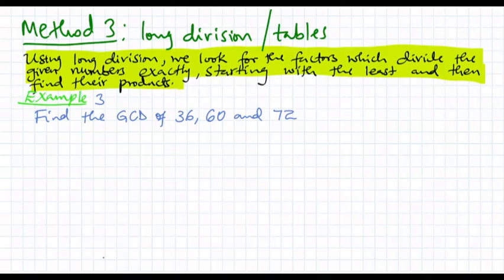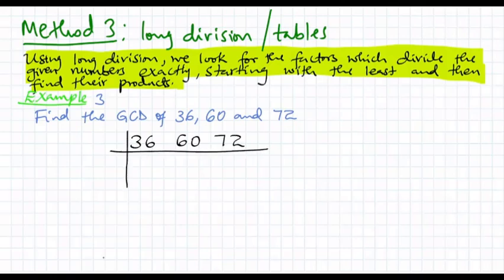So here's the question: find the GCD of 36, 60 and 72. So in our case, we are going to arrange 36, 60 and 72. So we make a table with the columns.